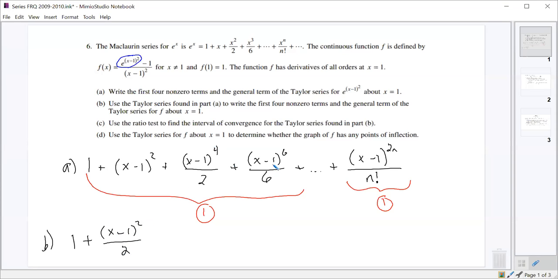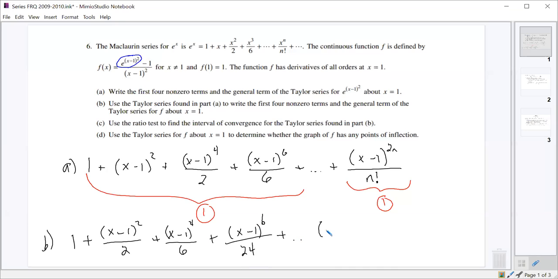This one, we should get (x minus 1) to the 4th over 6, right? And then the next one, which would have been (x minus 1) to the 8th over 24, should now become (x minus 1) to the 6th over 24. And so on.